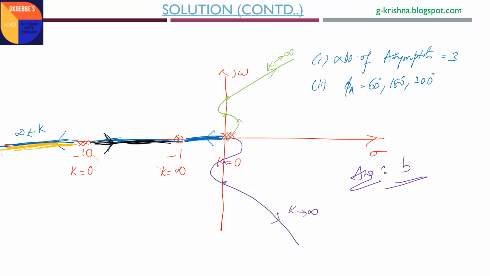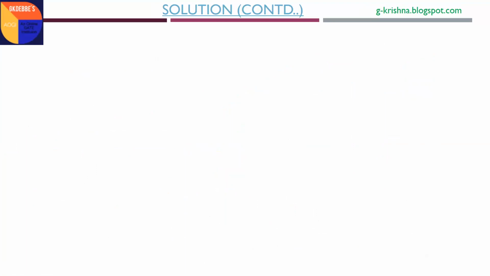With this, our solution is complete, but let me explain the lead concepts in a good manner. If you consider one lead system, (s plus a) by (s plus b), where alpha is a by b, the maximum phase shift provided by one lead system will always be less than 90 degrees.